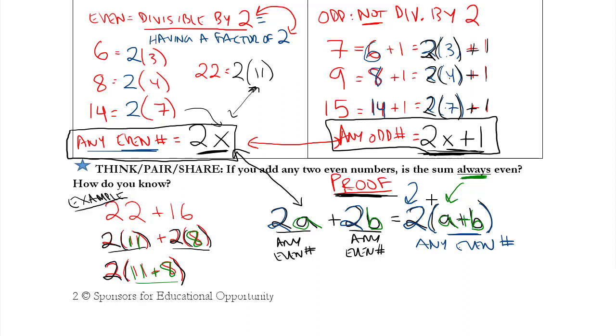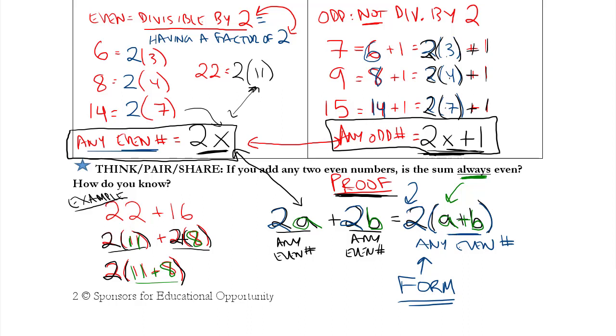This is it right here. If you add 2 even numbers, is the sum always even? Yes, because when I add any arbitrary 2 even numbers, the result is something that I can write in the form of an even number, right? So we talked about form a little bit in the last lesson. So here we see form again. We can write it as 2 times something.